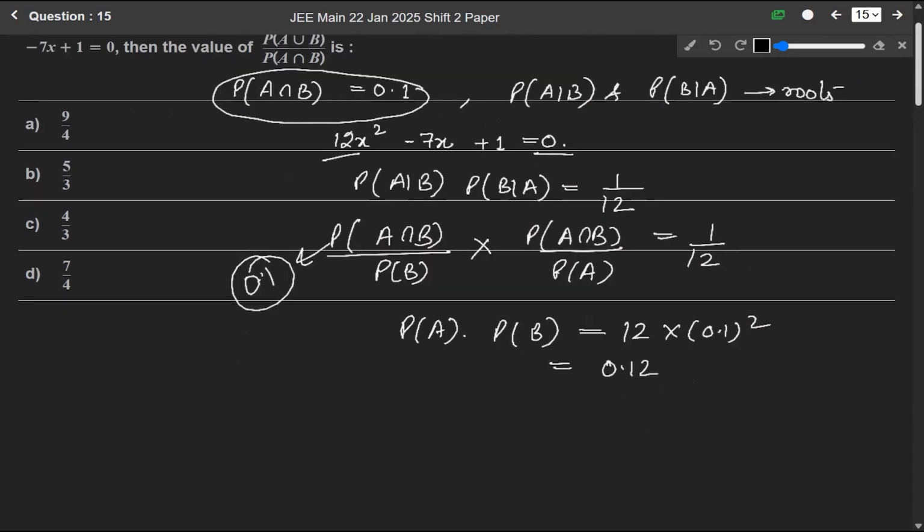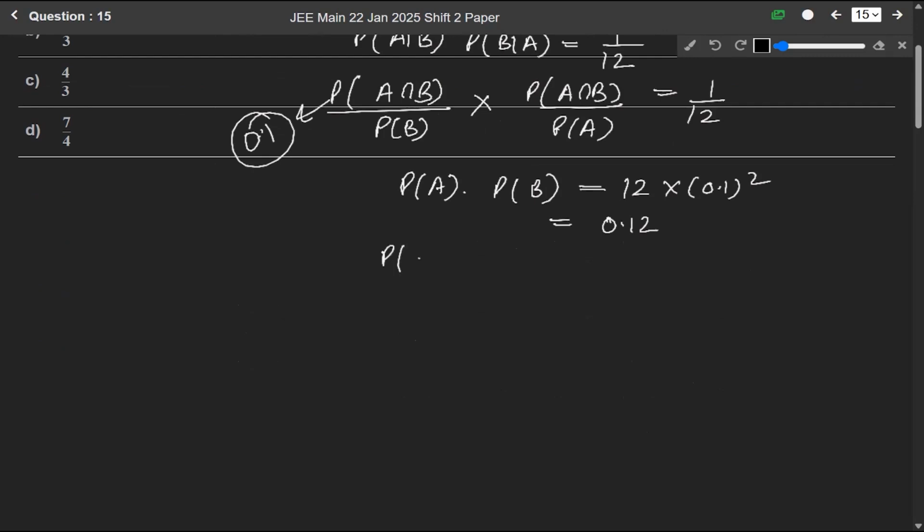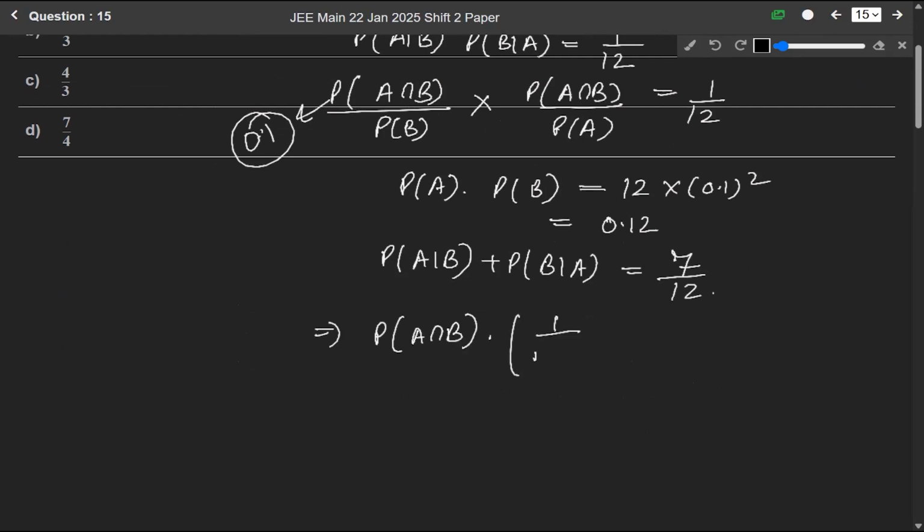So from here we can write P(A|B) plus P(B|A) will be equal to 7 over 12. Okay. So this implies that P(A intersection B) into 1 over P(B) plus 1 over P(A) will be equal to 7 over 12.